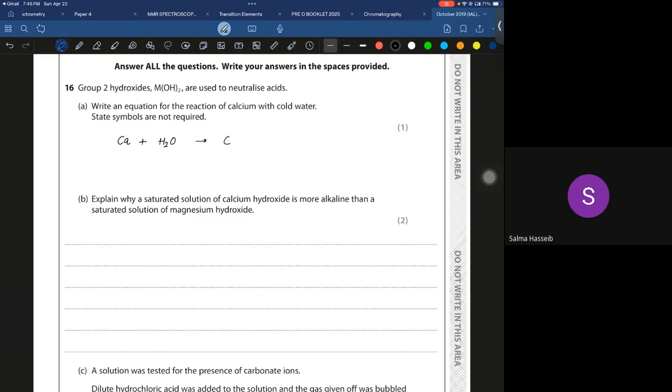It's going to form calcium hydroxide and hydrogen gas. State symbols are not required, of course, right?